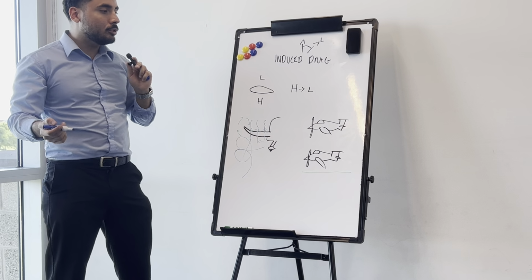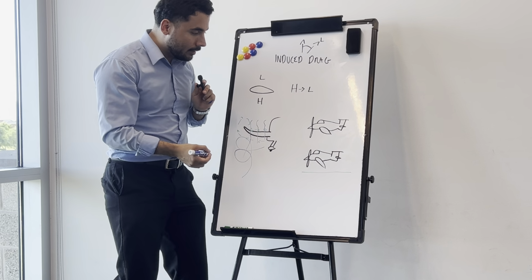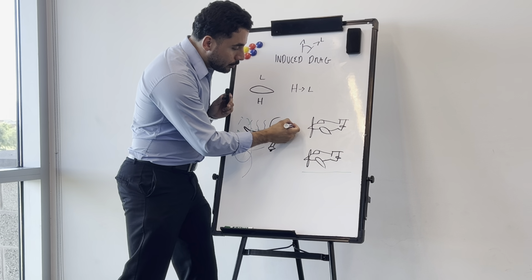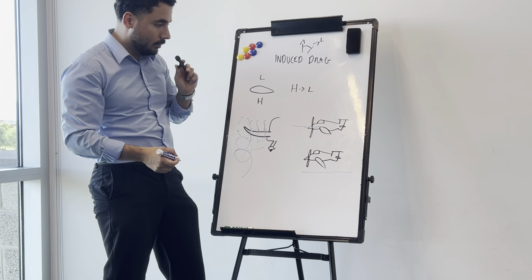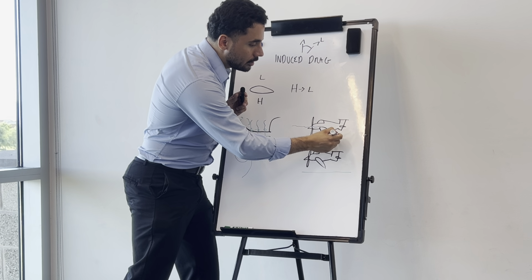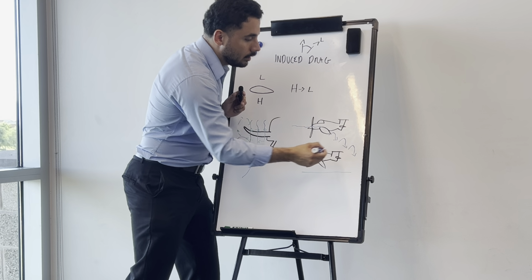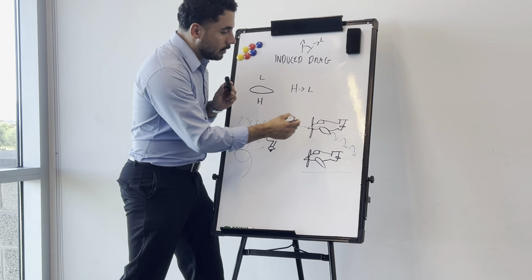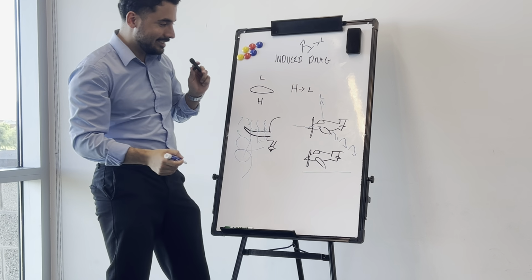It is better demonstrated by a side view profile of the aircraft. So we have the free stream air making contact with our airfoil. It makes contact with the airfoil, and the airfoil starts generating these wingtip vortices. This is the lift vector right here.